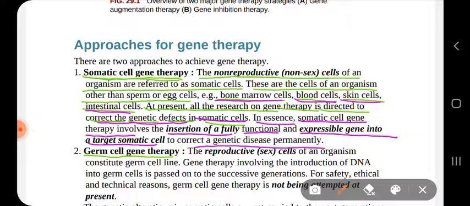So, simply, we are inserting the normal gene, which will be expressed to form that functional protein, into the target somatic cell.